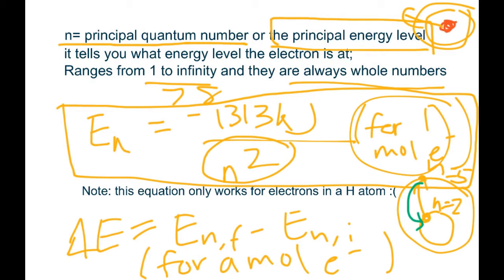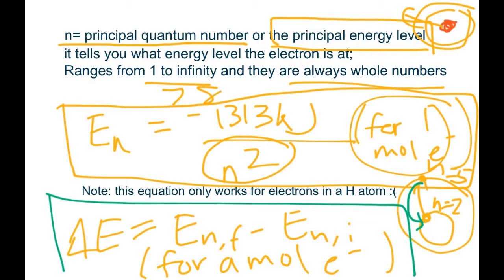To find the change in energy associated with these processes, we can use this equation here that tells us that for a mole of electrons, the change in energy, this triangle means change, and it's known as delta. So delta E, or the change in energy, is equal to the energy for a mole of electrons in their final state minus the energy for a mole of electrons in their initial state.